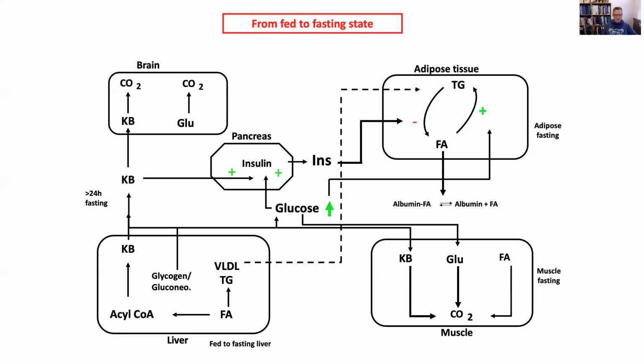But the ketone bodies can actually also signal to the pancreas that it should increase insulin production and secretion, and thereby try to control how much fatty acids are being released from the triglyceride stores in the adipose tissue.